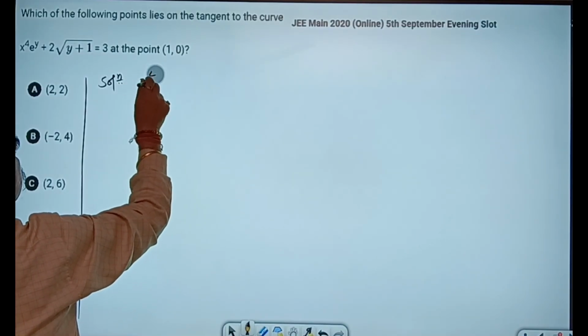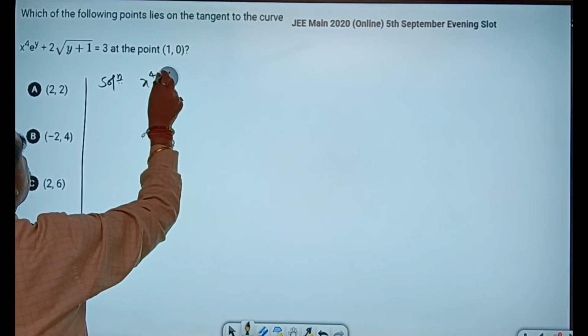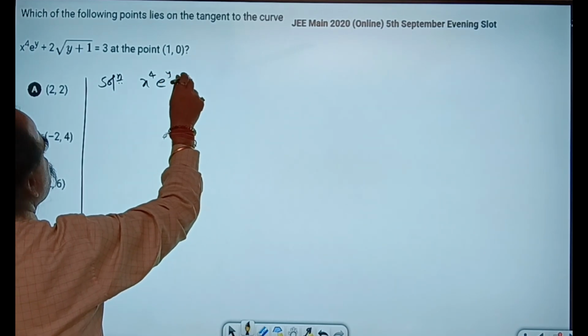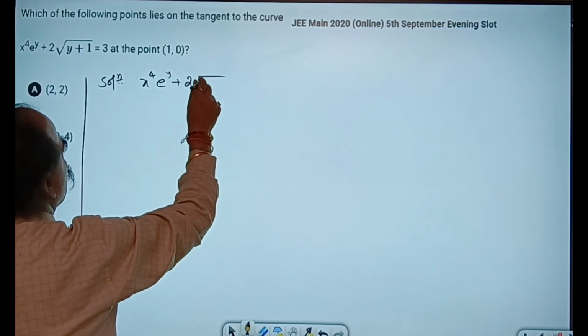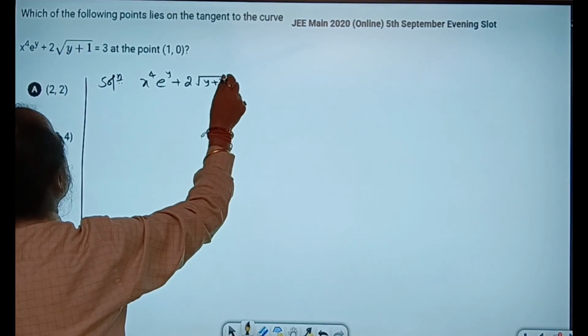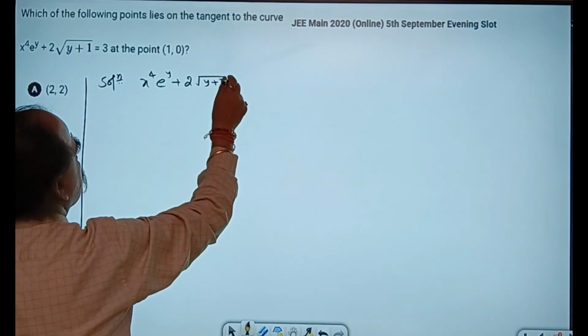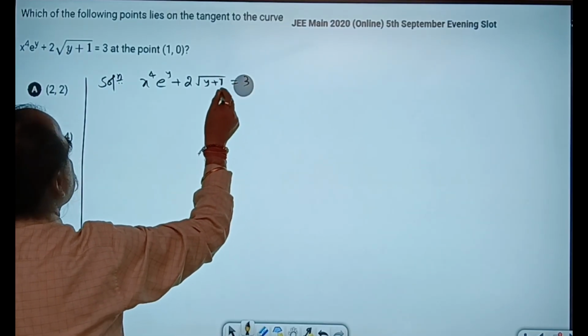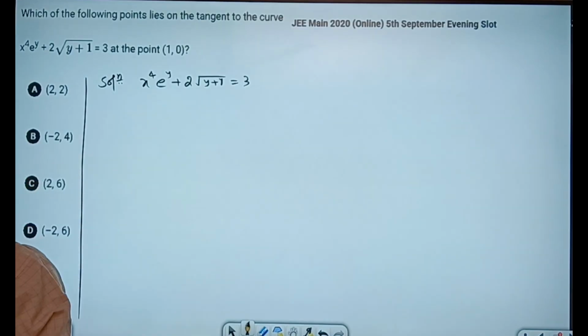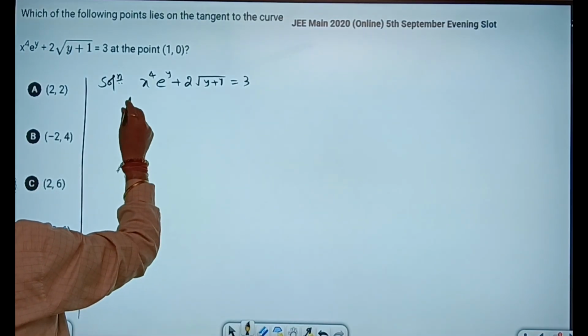x raised to 4 e raised to y plus 2 root y plus 1 is equal to 3. Which of the points lies on the tangent to the curve at (1, 0)?